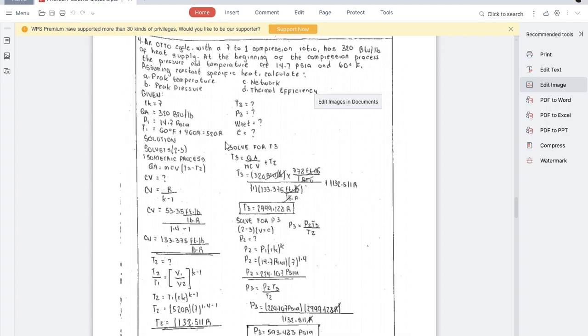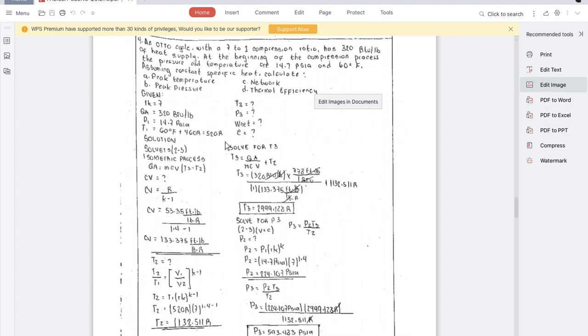For T3, the formula is QA equal to m Cv times T3 minus T2, but since we are solving for T3, the formula we use is T3 equal to QA over m Cv plus T2.